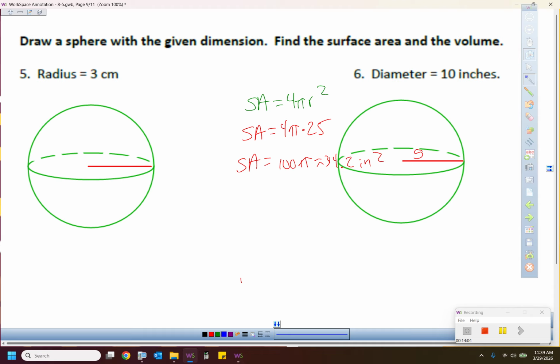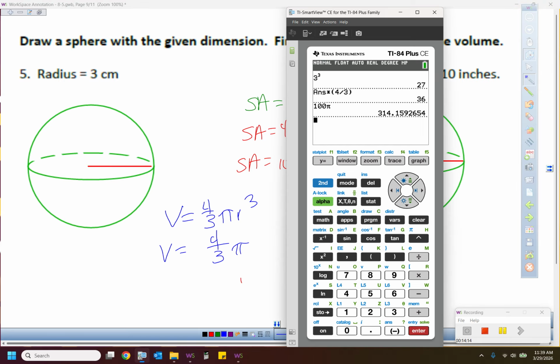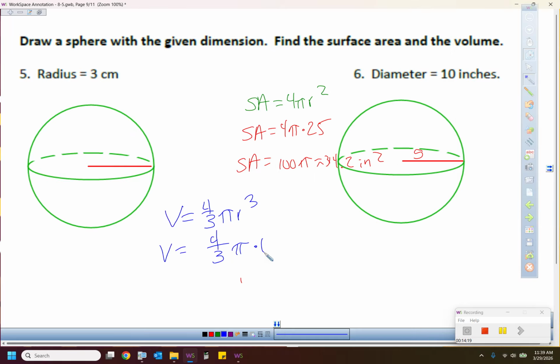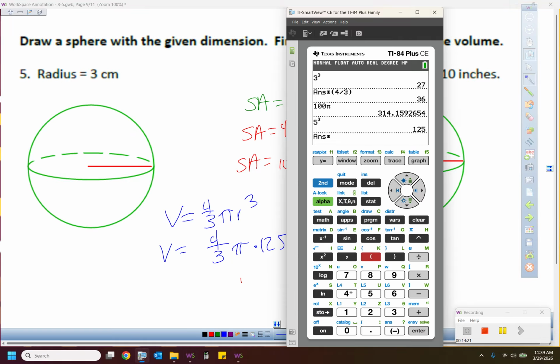And then for the volume, I'm going to slide over a little bit. 4/3 pi r cubed. Need to take 5 and cube it. So I'm going to do that. 5 cubed. You can write down 5 cubed if you want, or you can figure them out to be 125. Then 125 times that 4 divided by 3. Make sure you put them in parentheses. He didn't come out nice, right?